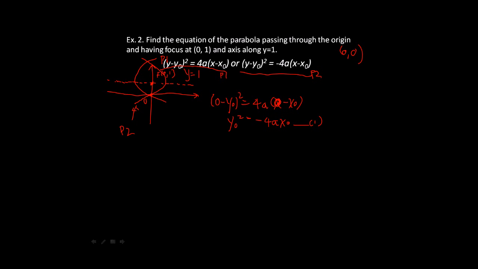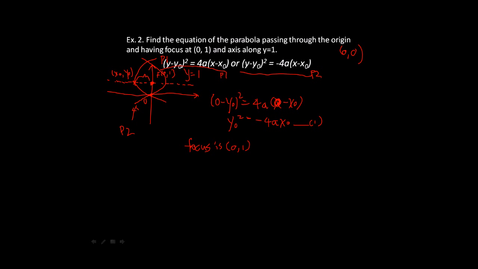Okay. Now next, let's take a look at the focus. So we know that the focus is here, right? It is (0, 1). So let's write it down here. So the focus is (0, 1). Now we know that the value a is actually the distance between the focus and the vertex. Okay, let's say this vertex is (x naught, y naught), right?